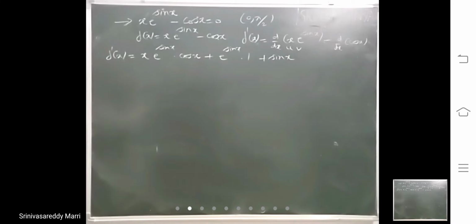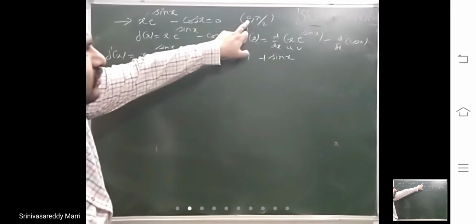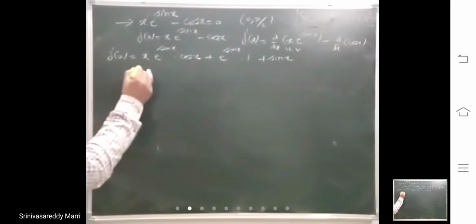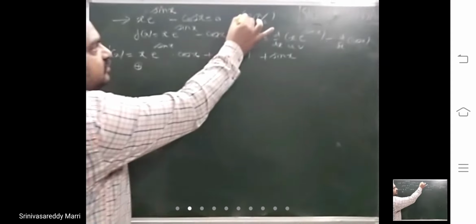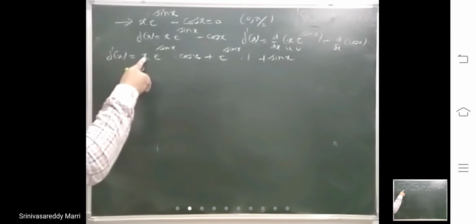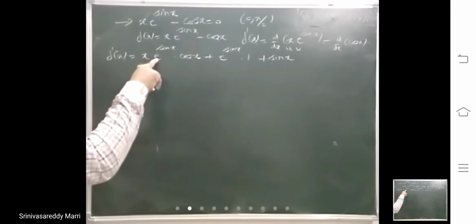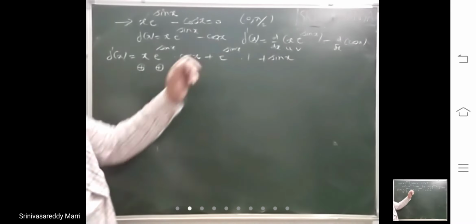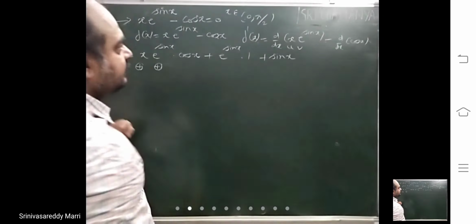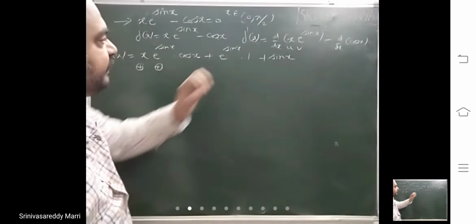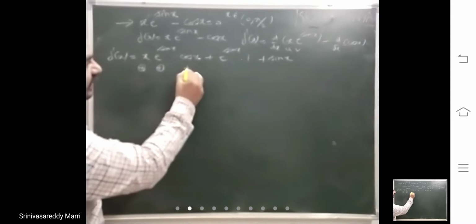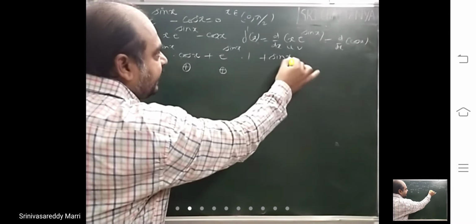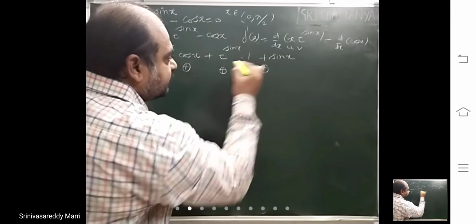Now look at it. In 0 to pi by 2, x is positive. This is 0 to pi by 2, meaning positive. X is positive means this is positive. E power is always positive. Cos x, x is 0 to pi by 2, first quadrant, so this is always positive. E power sin x is always positive. Sin x, x in the first quadrant, is positive.